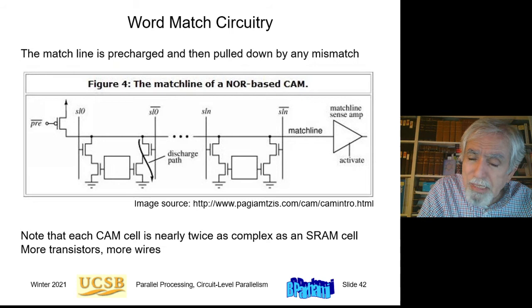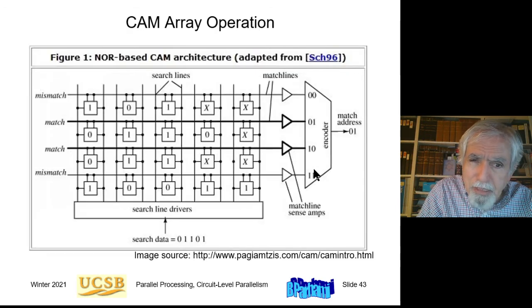I don't access this memory by providing an address. In fact, I don't know where each thing is stored. I just query the memory and say, I'm looking for this particular bit pattern, and the words that contain that bit pattern will respond by asserting this match line. And this is basically a memory array.